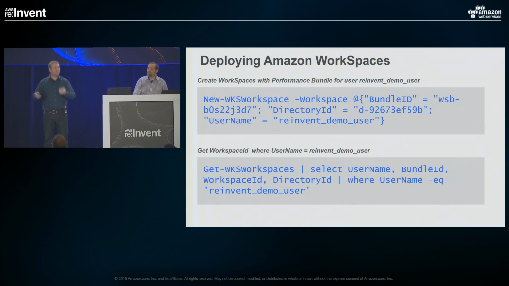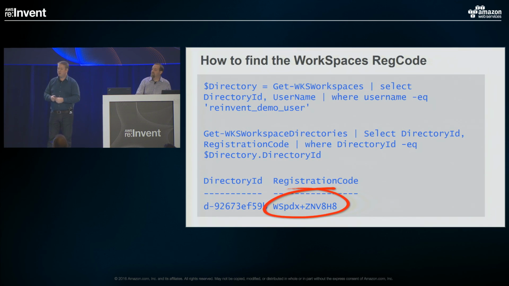Remember, it can take about 20 minutes. Okay? Once it's spun up, again, I need to find out what the reg code is. Now, to do this, I need two different sets of commands. The first one is, and I've done this as a very simple example, I'm using a variable, and I've called this directory, and I'm saying go and get me the directory ID and the user ID, the username, from the get workspace command and plug this into the variable.